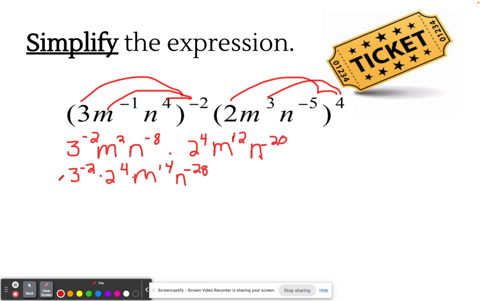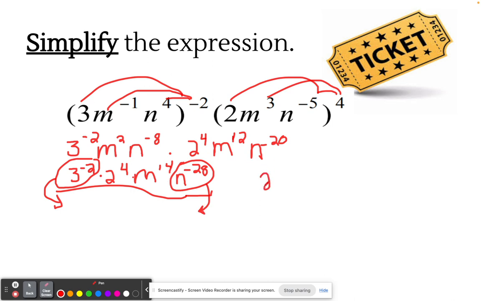Okay, let's get some things moved. That is not a very straight line. My 3 to the negative 2 power will go downstairs. My n to the negative 28 will go downstairs. My 2 to the 4th power will stay upstairs, so will my m to the 14th power.